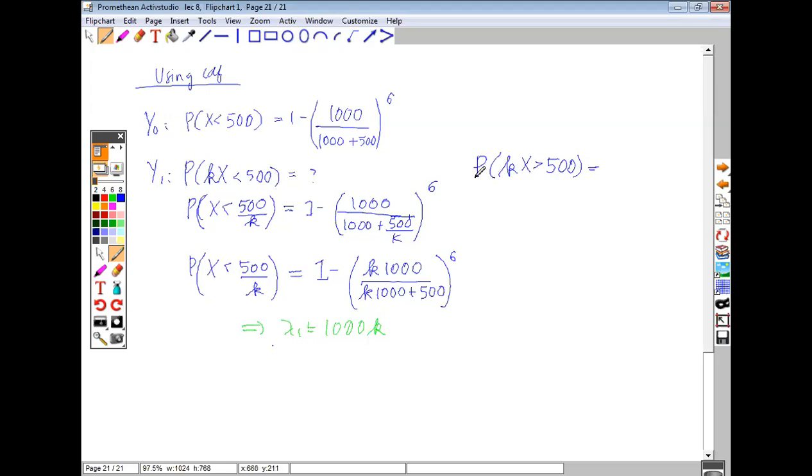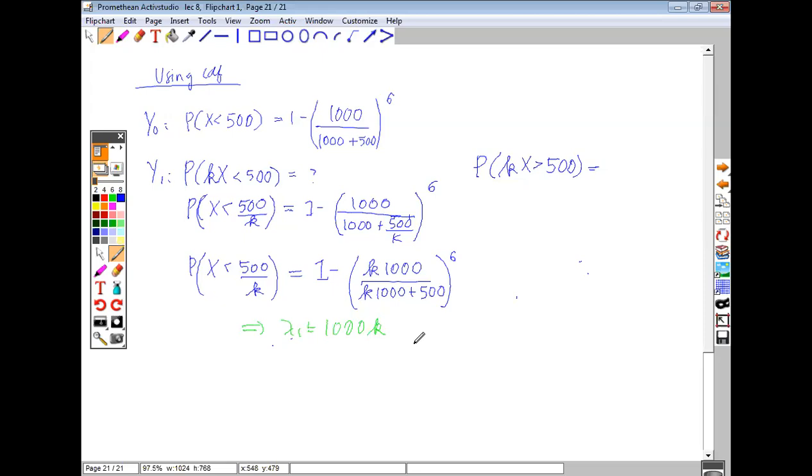For this case as well, whatever answer you get should satisfy the same thing. Only if it satisfies for this case as well can you say that yes, lambda 1 is 1000k. So we can do it for that also.